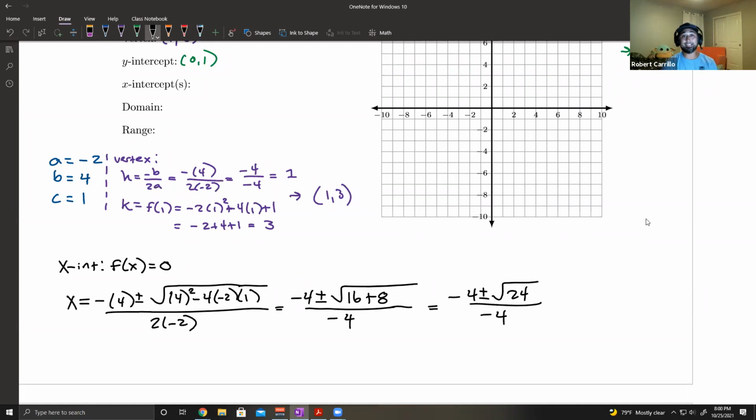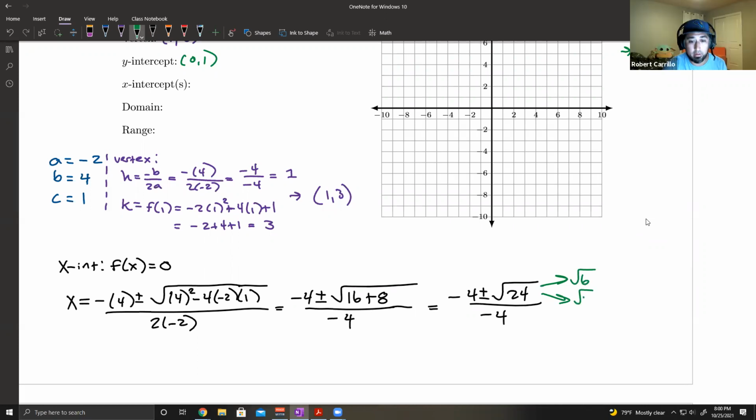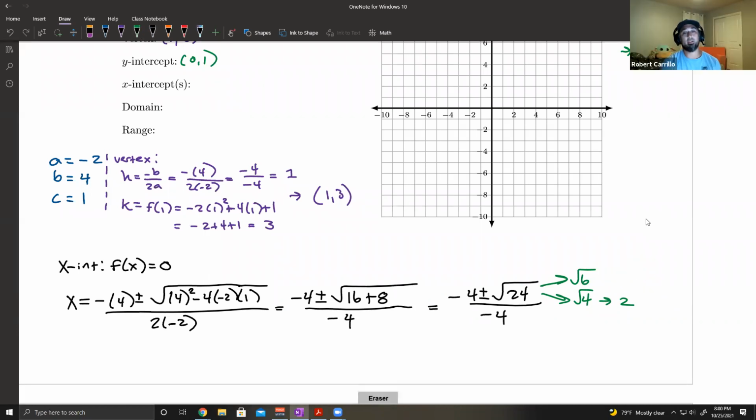Okay. And now 16 plus 8, that gives me -4 plus or minus the square root of 24 over -4. All right. Give me two numbers that make up 24. 6 and 4. Good. We know square root of 4 is 2. Can we break 6 down anymore? 3 and 2. You can, but can we take the square root of those two numbers? No. So we're going to leave it as the square root of 6. Okay.